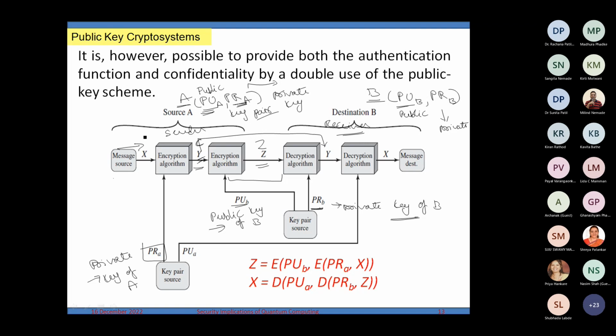We got Y by encrypting X with the help of the private key of A. So the decryption process over Y will take the public key of A. Because it is encrypted with the private key of A, the decryption happens with the public key of A. See here. And then the receiver will get the plain text X.